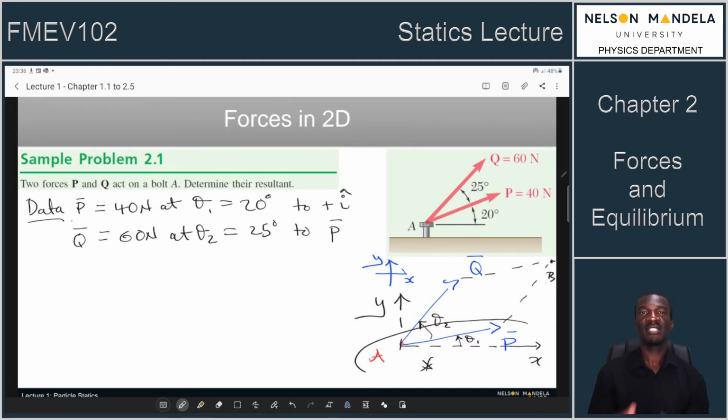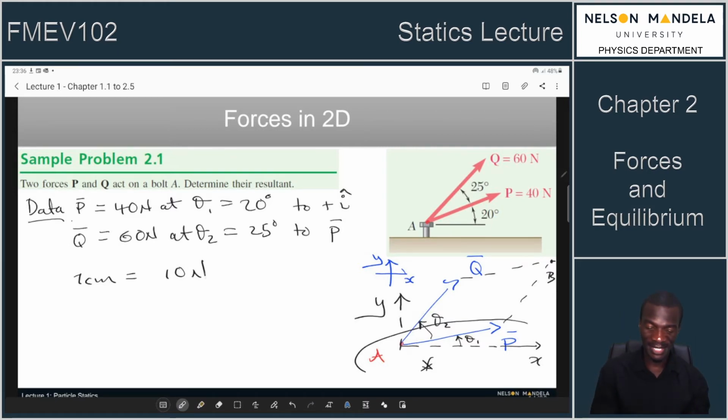At that point, you can now use either your graphical technique. You can take your graph paper, you can draw this to scale. So you can use a scale that says 1 centimeter is equal to 10 newtons. That would be reasonable for a piece of paper, right?